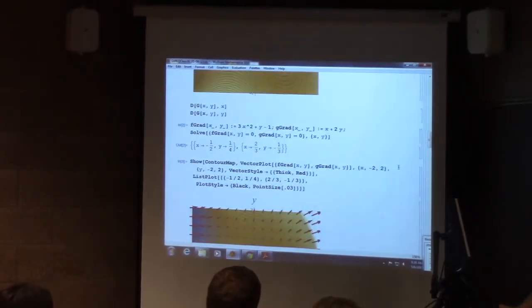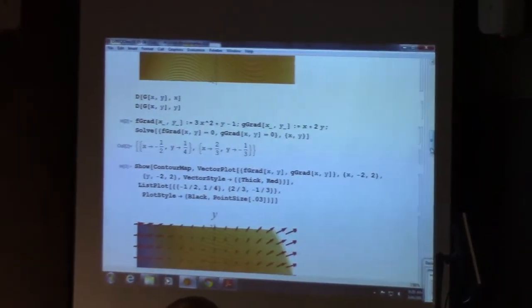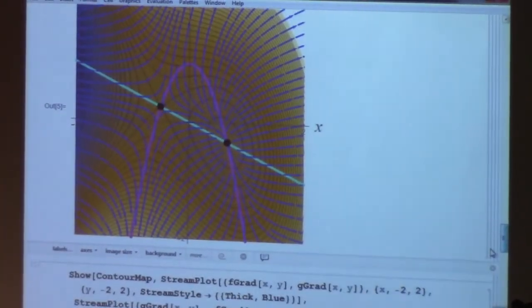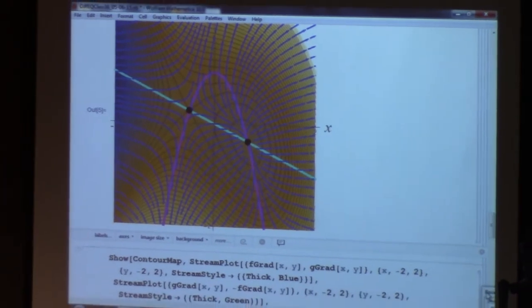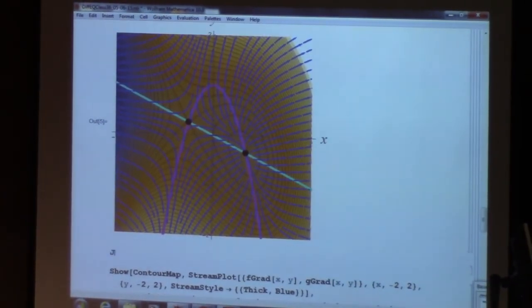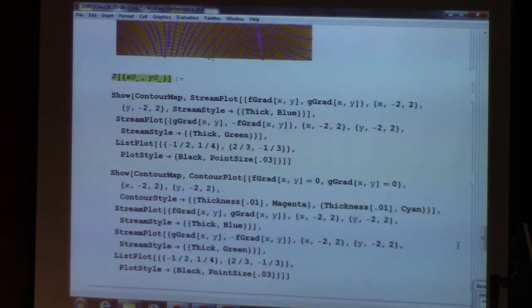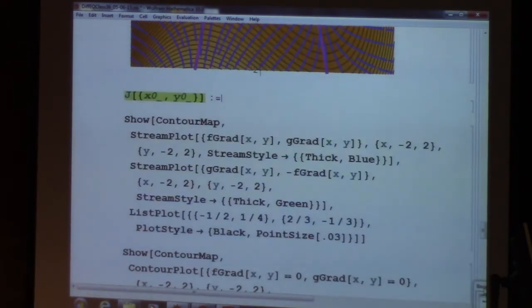See if I have that code here. Looks like I don't. Let me go ahead and add that code in here to confirm the nature of those equilibrium points. Here's kind of a nice flexible way to do it. I showed this to you before, although I don't think I typed it in. Call it J of x0, y0, x0, y0 being notation for an arbitrary equilibrium point.